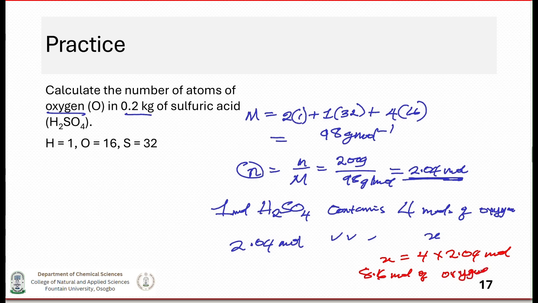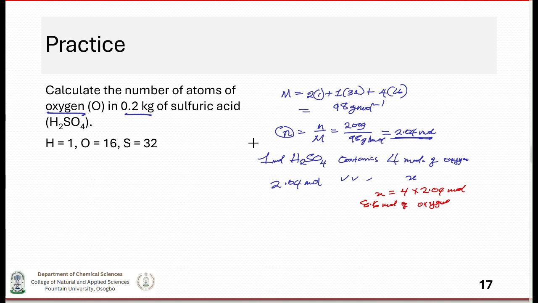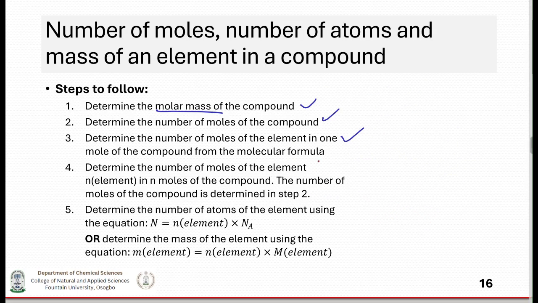So we get the number of moles of oxygen now. Our aim is to calculate the number of atoms of oxygen, not the mass. So we are done with step number 4, and we are going to the last step, the number of atoms.